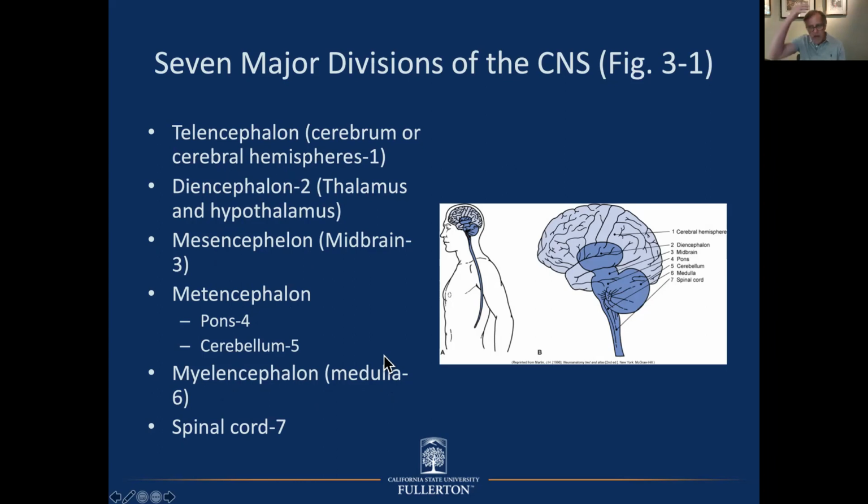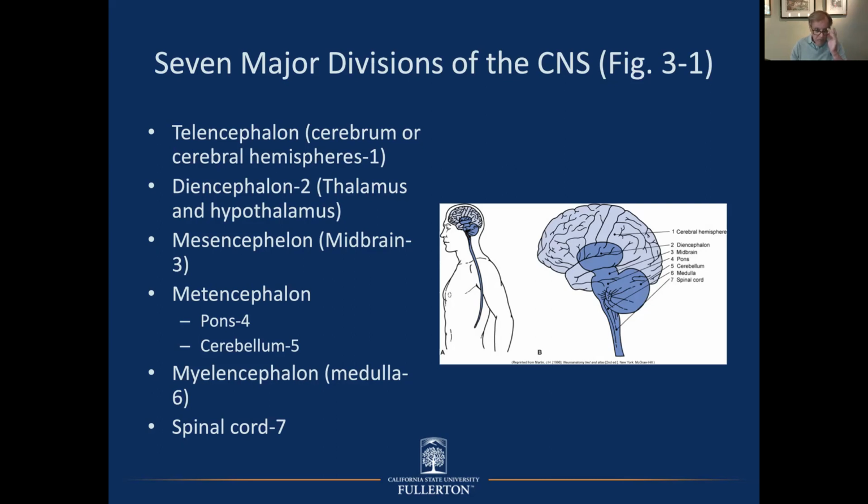And they sort of go from top to bottom of the brain. Essentially, they do. And you already have some familiarity with them. So we'll once in a while use those terms, but mostly we will refer to them a little differently and more directly. The telencephalon is the cerebrum or cerebral hemispheres.